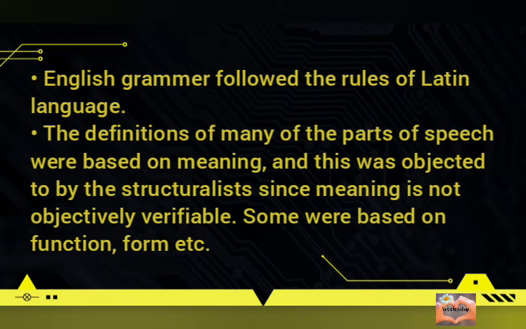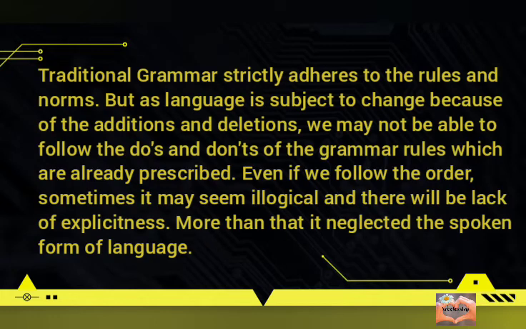English grammar followed the rules of the Latin language, and the definitions of many of the parts of speech were based on meaning. This was objected to by the structuralists since meaning is not objectively verifiable. And some were based on function, form, etc. Traditional grammar always adhered strictly to rules and norms.